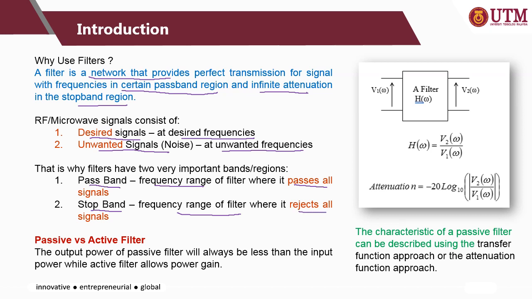Basically the filter is characterized by using a transfer function, which is the ratio between the output over the input. And you have also learned how to characterize or analyze the filter characteristic by using a Bode plot in signals and systems particularly.